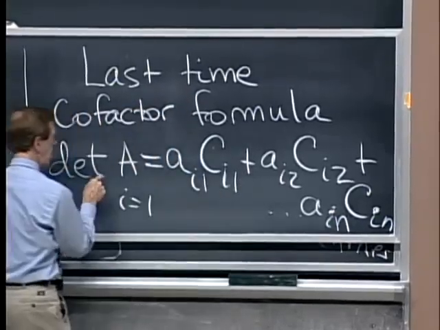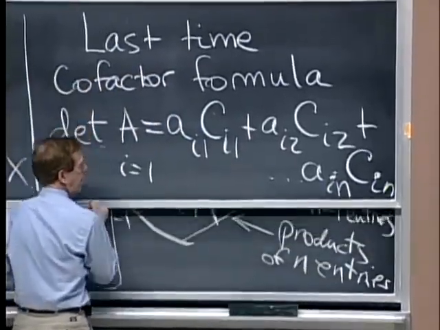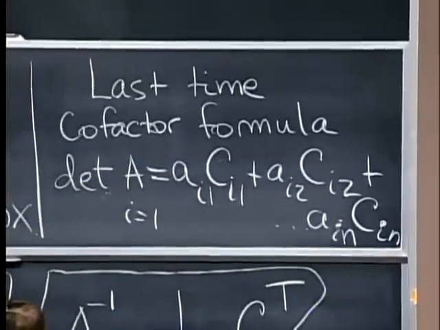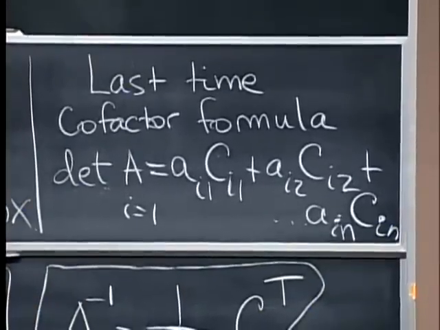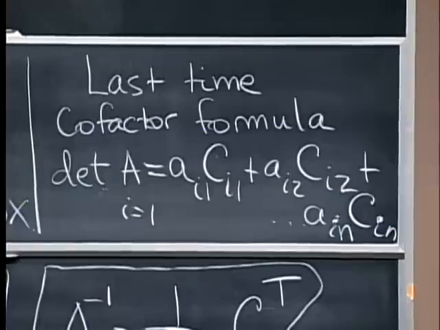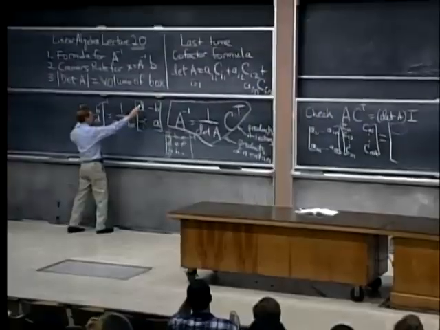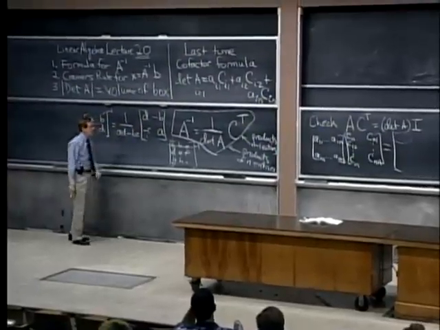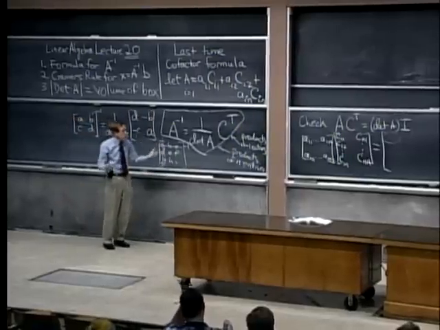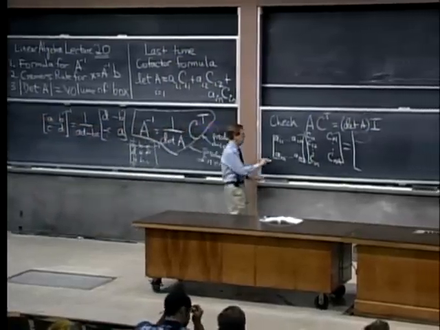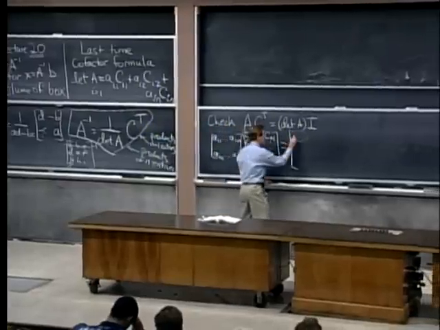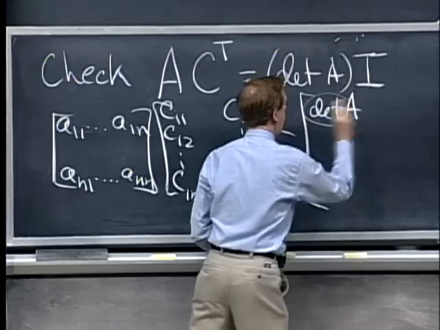And that gives me the determinant. And it worked in this case: this row times this thing is, sure enough, AD minus BC. But this formula says it always works. So up here, in this position, I'm getting the determinant of A.